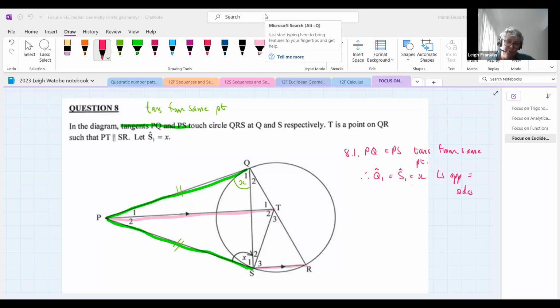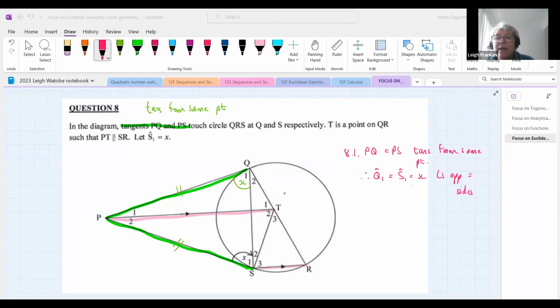Be careful there. Remember, your alternate angles are between parallel lines. Line PQ is not parallel to line SR. Good, well done.